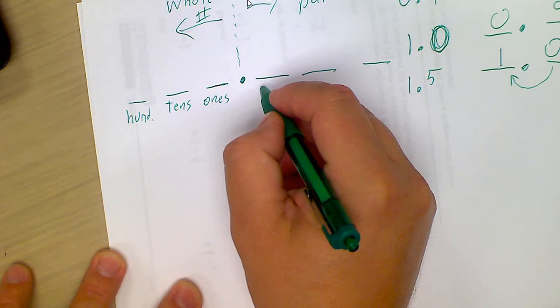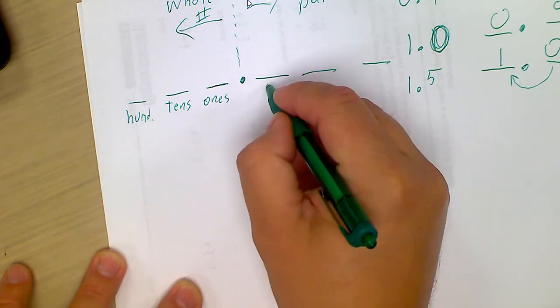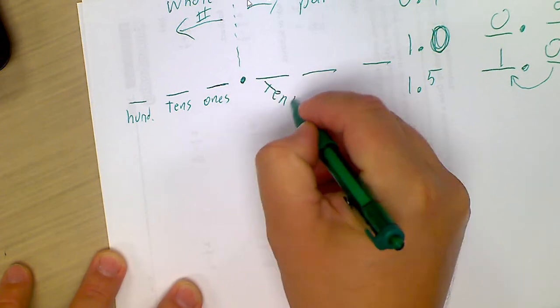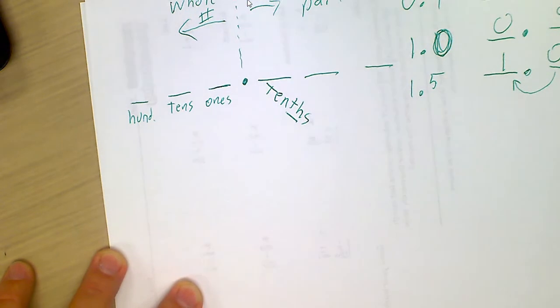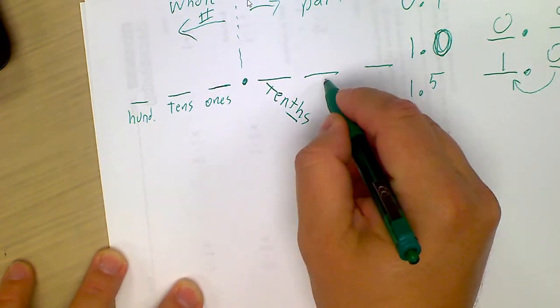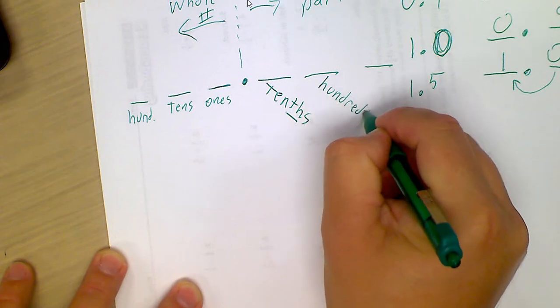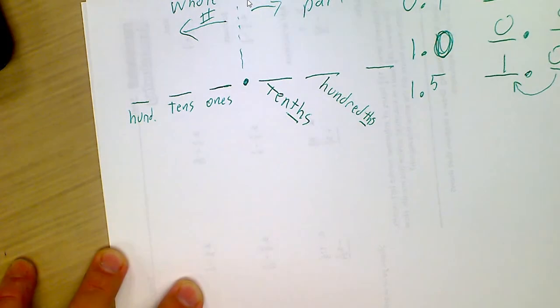Ones? Oh my goodness, you guys got some learning to do. Tenths, with a TH. Then the next one, hundredths, with a TH. What's next?